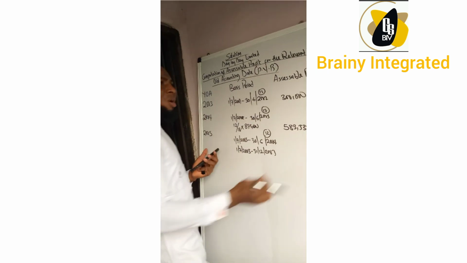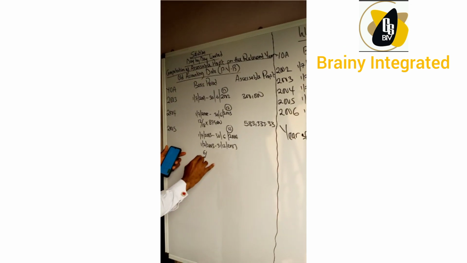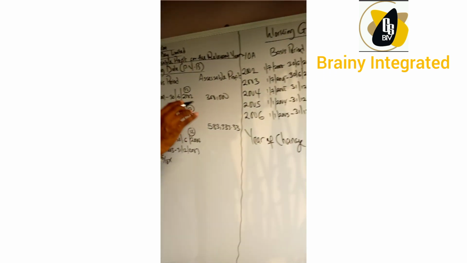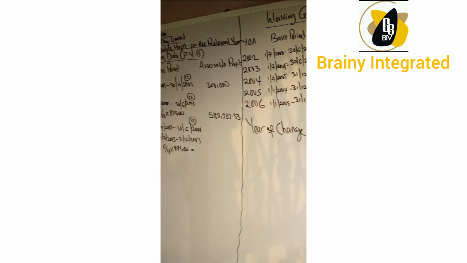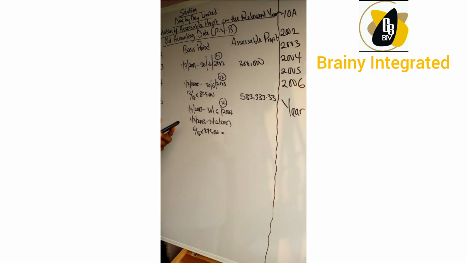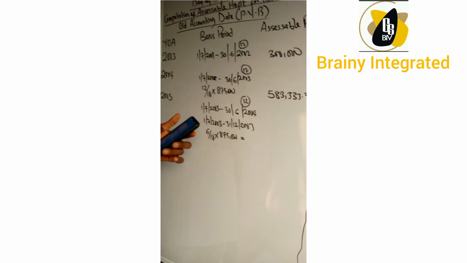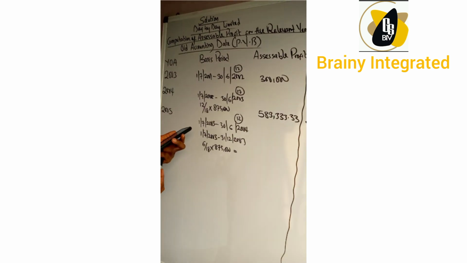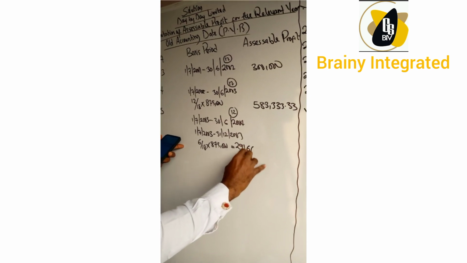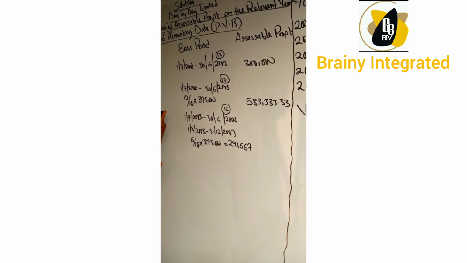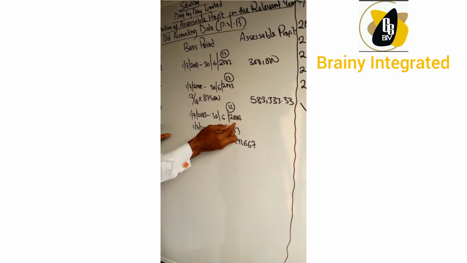That's 6 months. However, how many months do we have here? We have 18 months. So we are going to take 6 months out of 18 months times 875,000. So 6 divided by 18 times 875,000 will give us 291,667.